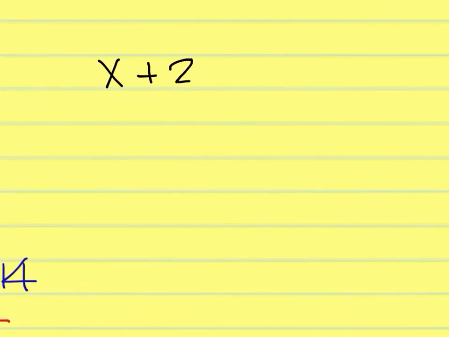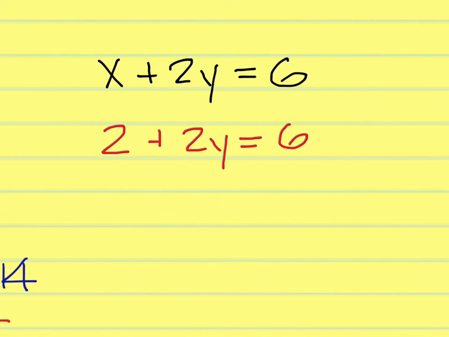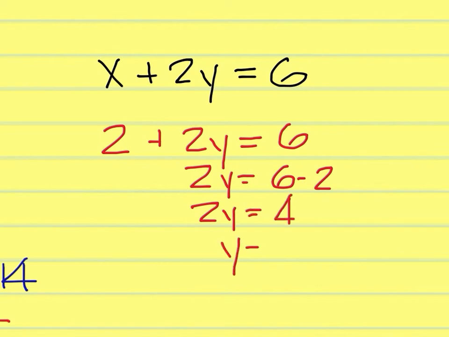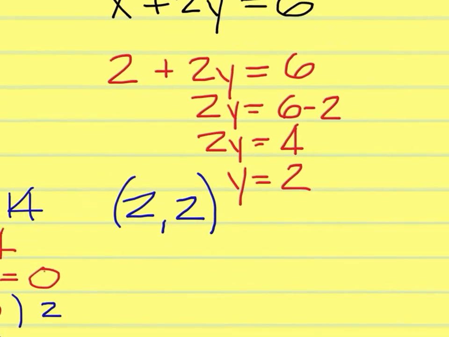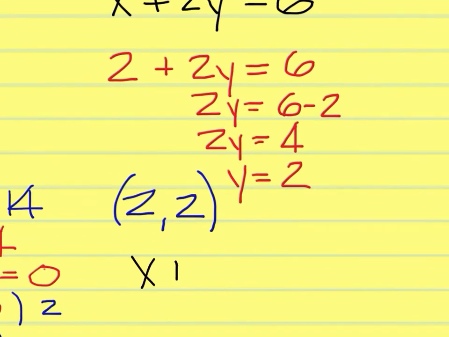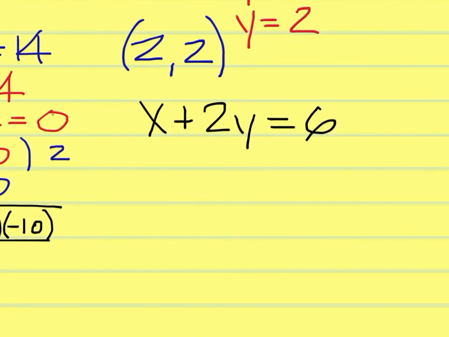So put a 2 in for x and come back with 2 plus 2y equals 6. That would be 6 minus 2, which is 4, and divide both sides by 2 to get a 2. So I put in 2, I get back 2. But I still need to do x plus 2y equals 6 again. And this time plug in a negative 5 over 4.